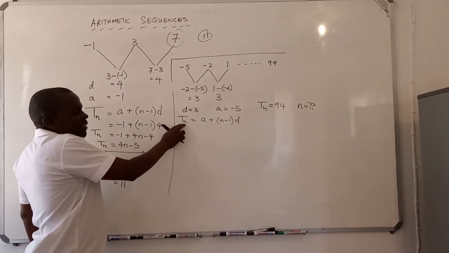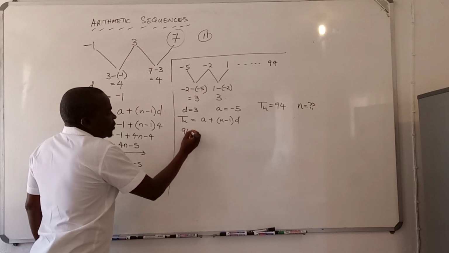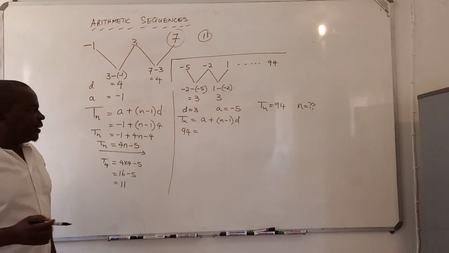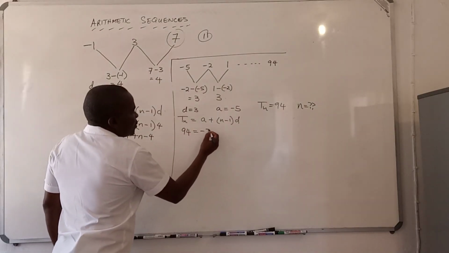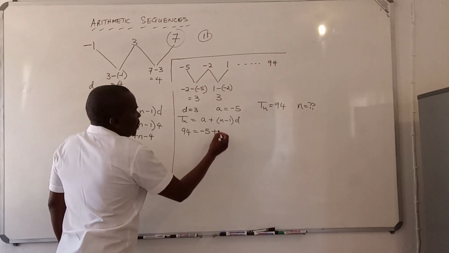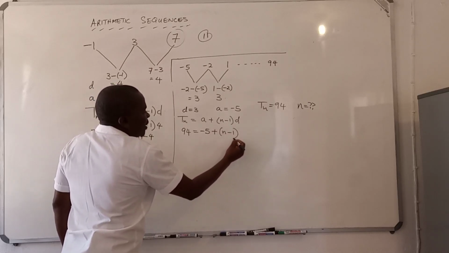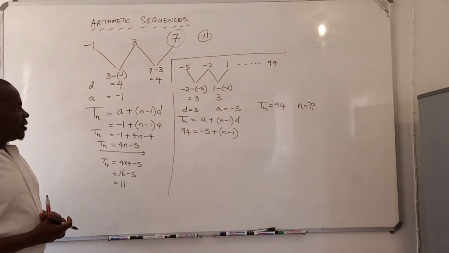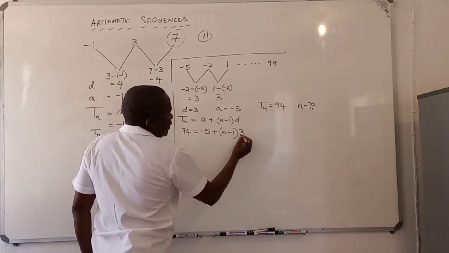Our Tn is 94. We put 94 here is equal to, what is the first term? A, negative 5. So this is going to be negative 5 plus, we don't know n, so we simply write it as n minus 1. The common difference d is equal to 3.